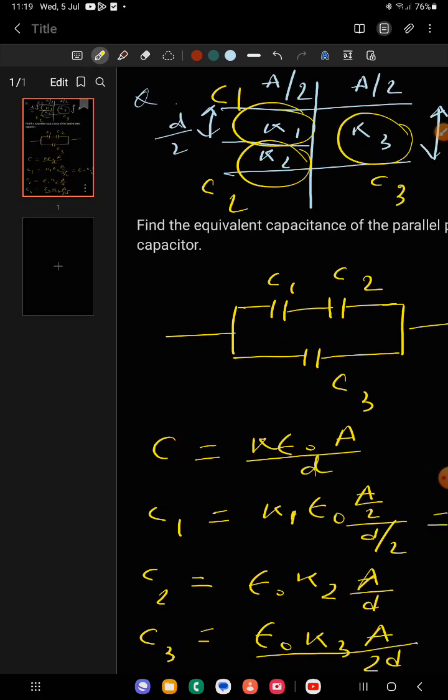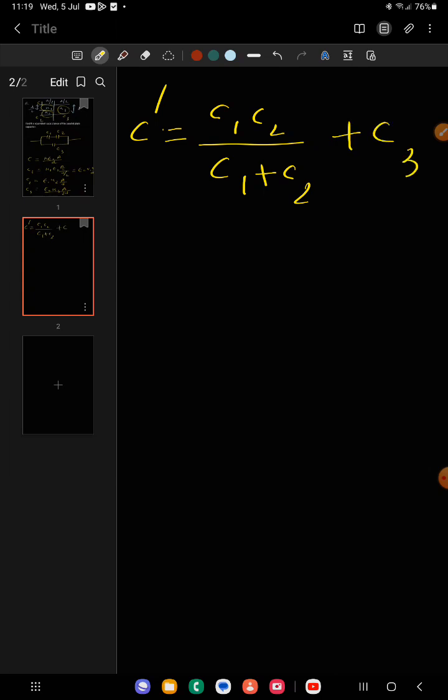Now the equivalent capacitance of the combination circuit, suppose we consider this as C dash, must be equal to C1 C2 divided by C1 plus C2, as C1 and C2 are in series combination and this is parallel with C3.